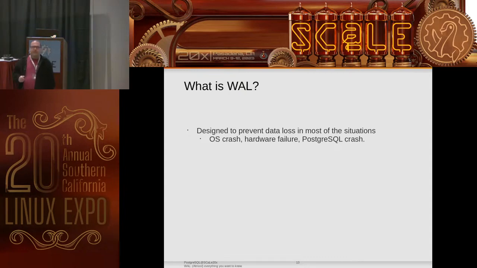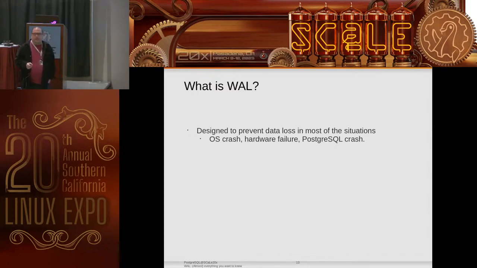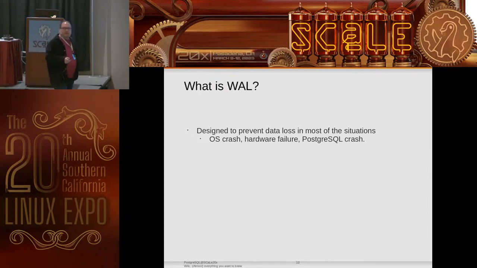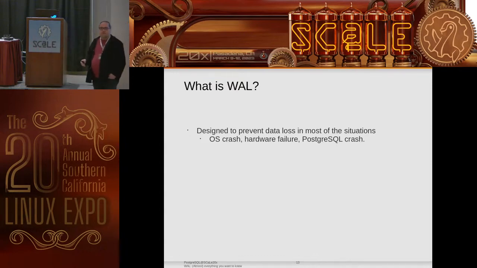If you are familiar with operating systems, like most file systems, I'm sure you know the concept called journaling. When there's a journaling file system, like NTFS on Windows, or ext3, ext4, XFS, Btrfs on Linux, they all have a journal area.